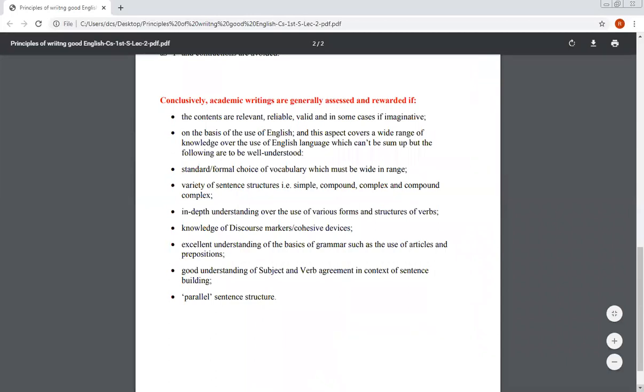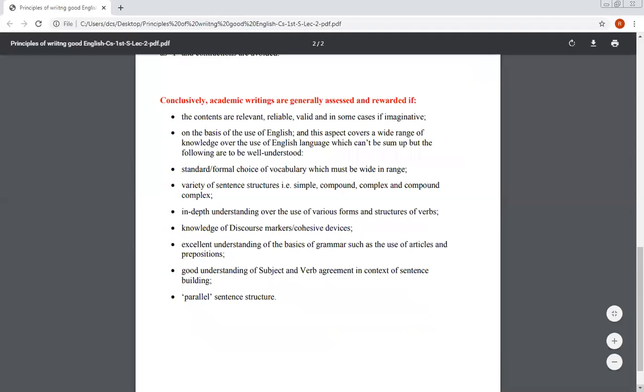The very first point is that the contents are relevant, reliable, valid, and in some cases, imaginative. If you're writing a composition for academic purposes, the contents of your composition must be relevant, reliable, valid.